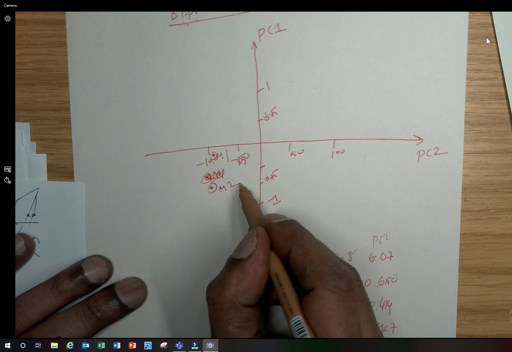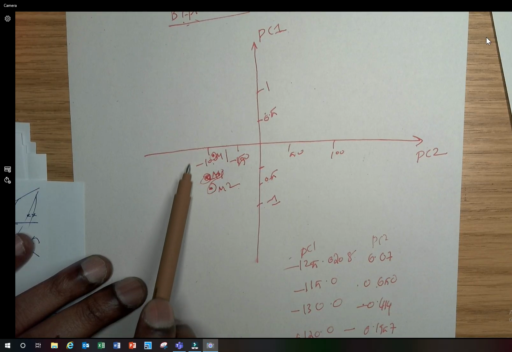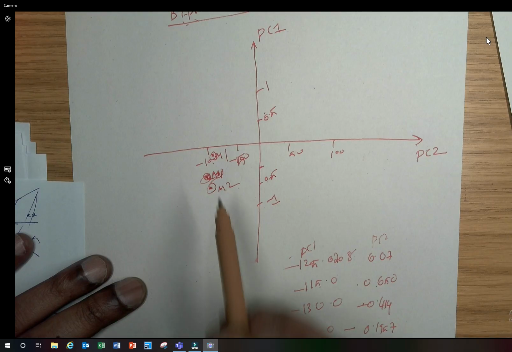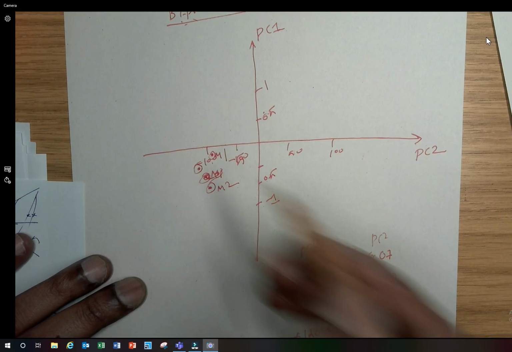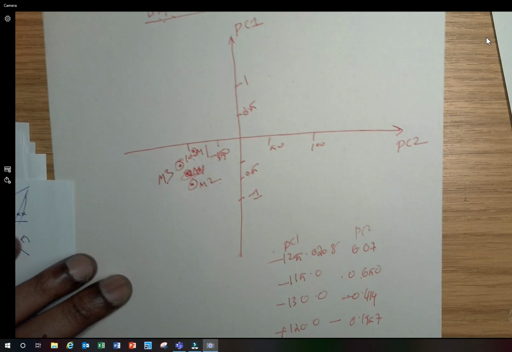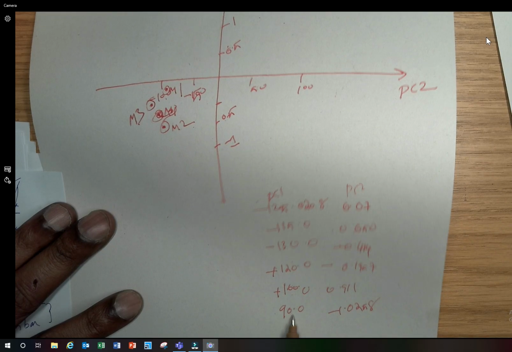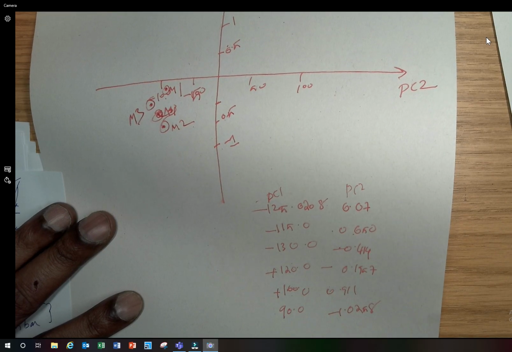This will be M2, and then minus 130 somewhere around here, minus 0.414 somewhere around here. This is M3, and then M4, M5, M6 are 120, 160, 90.